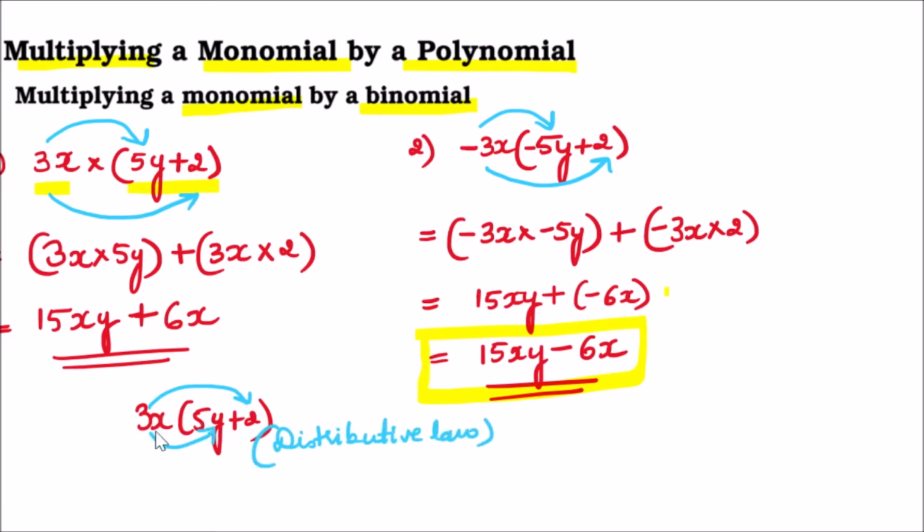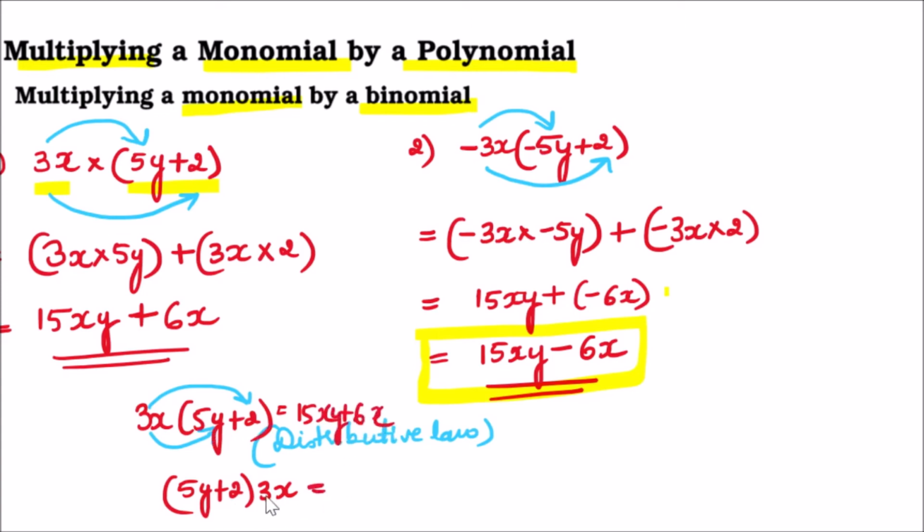It has been distributing. 3x is distributing chocolates to 5y and 3x is distributing chocolates to 2. The question is like this. 5y plus 2 into 3x. So both answers, the solution of this is 15xy plus 6x, right?